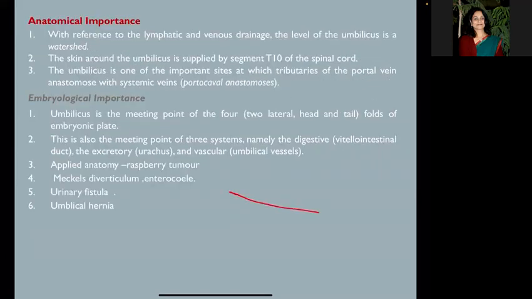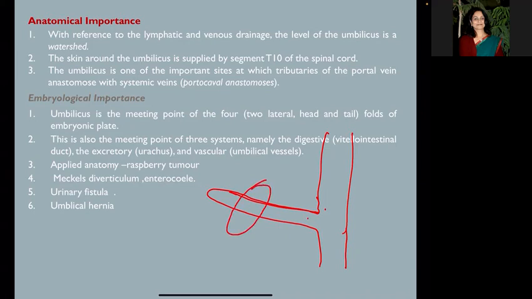So see, if this is GIT and this is the vitellointestinal tract, the vitellointestinal duct is the midgut having a diverticulum which passes through the umbilicus to the umbilical cord. This duct normally disappears or atrophies, and this is the normal GIT which is present in our body.